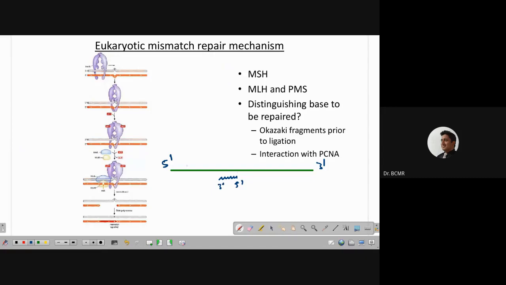So DNA polymerase will be moving, adding more and more DNA bases this way. That means the PCNA will be bound around the parent strand here, and DNA polymerase is here, adding more and more bases as it progresses in this direction. So those that are in interaction with PCNA will also be able to distinguish which one is the parent strand and which one is the newly synthesized strand.